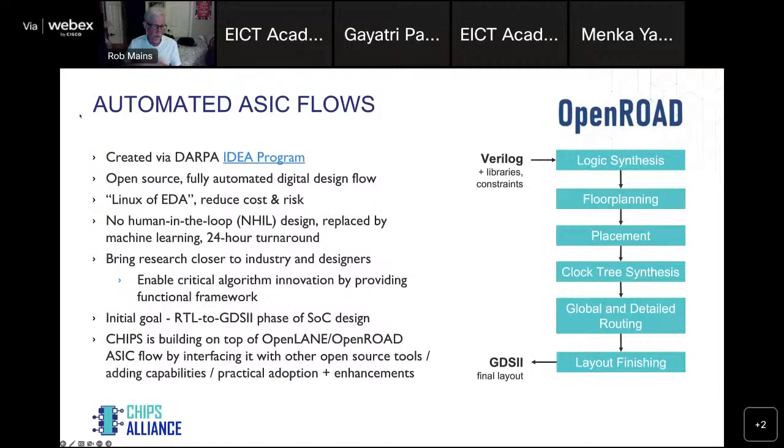So there's OpenROAD, which is the actual implementation tools, with the steps listed on the right, and then OpenLane, which is the scripting language on top of it to construct a flow to do different blocks. These contain the key pieces, and this has been used on some more modern process technology nodes such as Intel 16 or on GlobalFoundries as well.